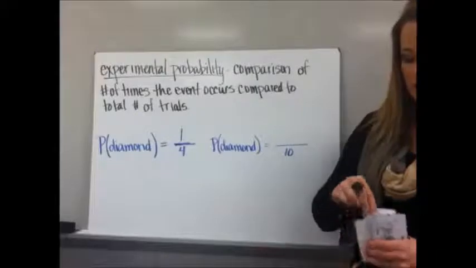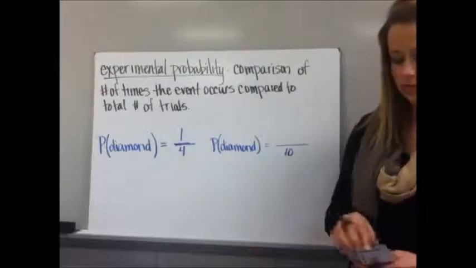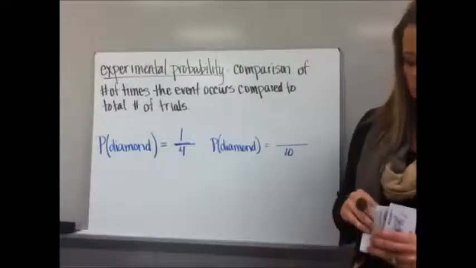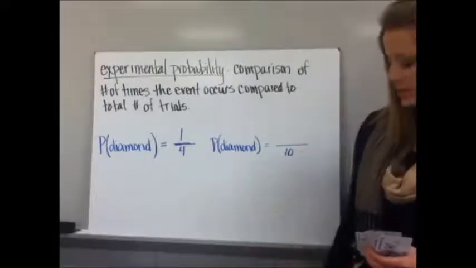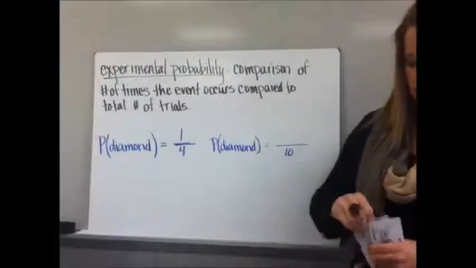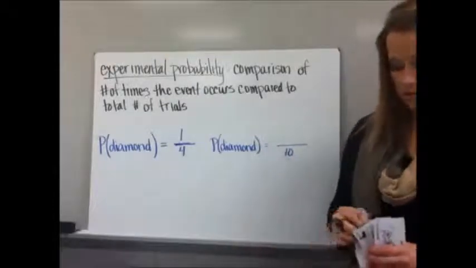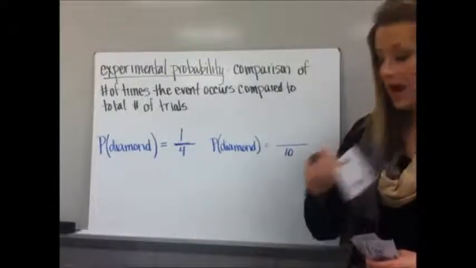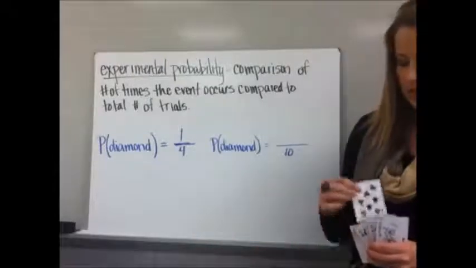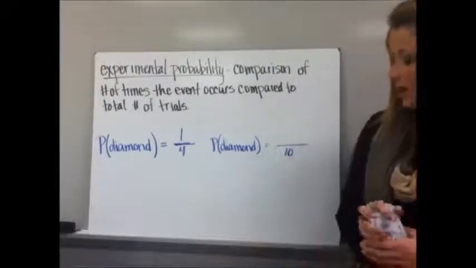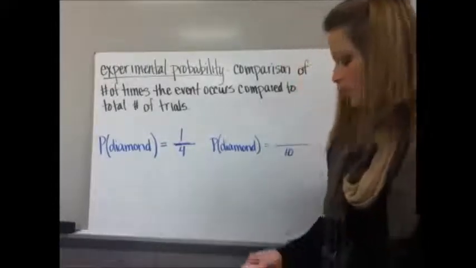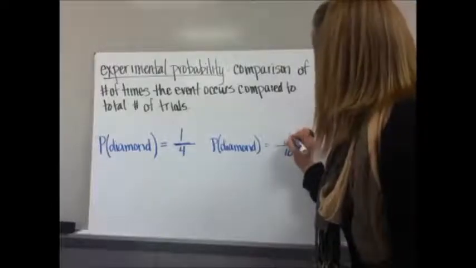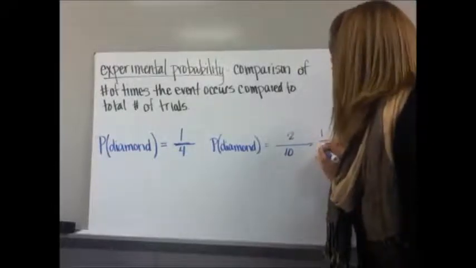I'm going to put it over here to the side. 4, 5, another diamond. 6, 7, 8, 9, and 10. So out of those 10 trials, 2 times I drew a diamond. So 2 out of 10, which could simplify to 1 over 5.